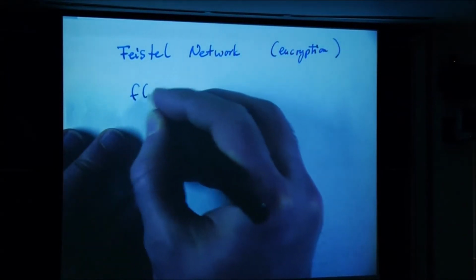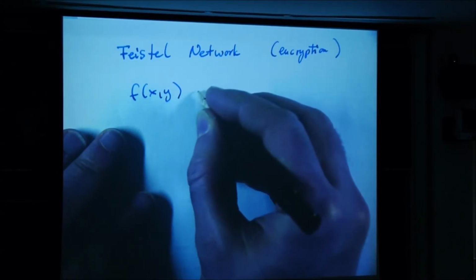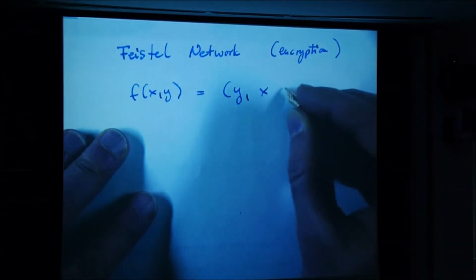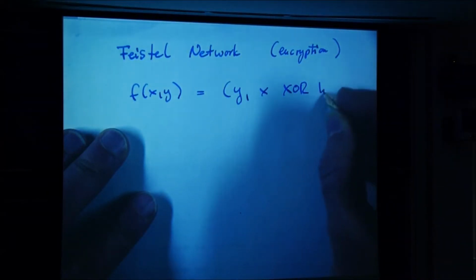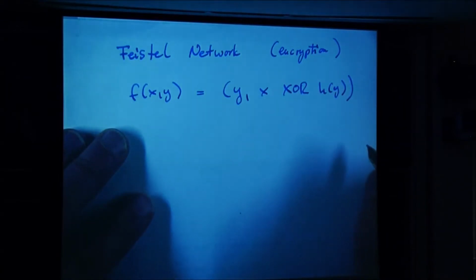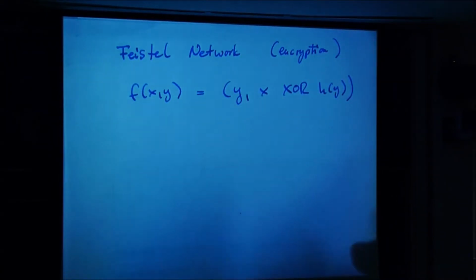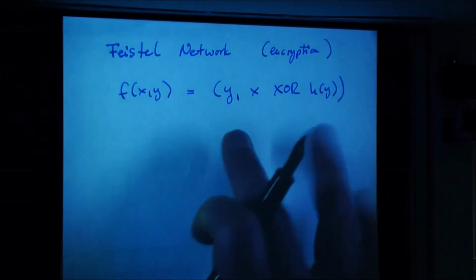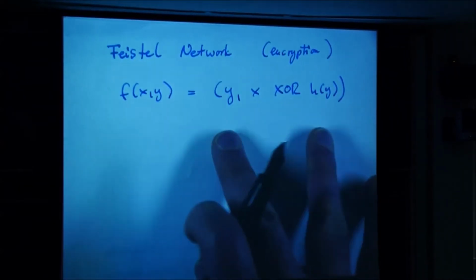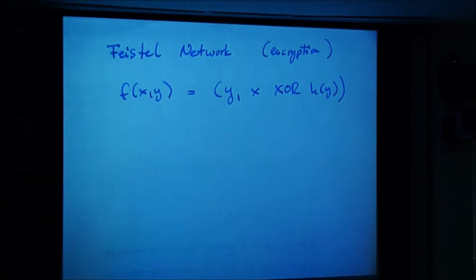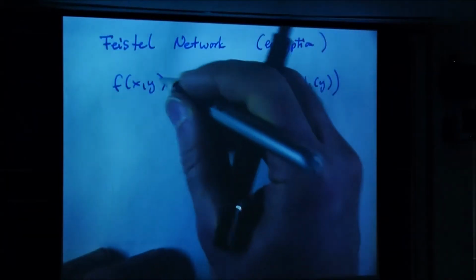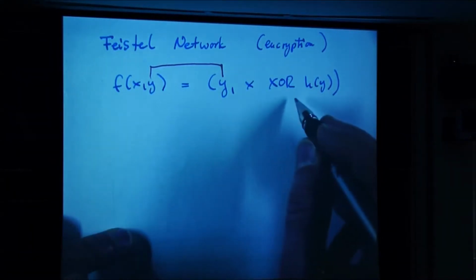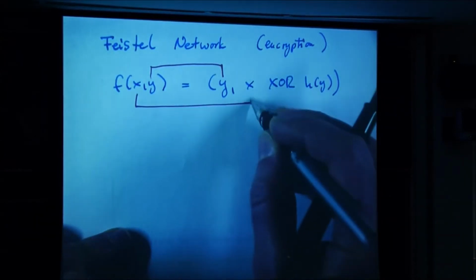I have a function f of x and y, which is going to be y, and then x XOR hash of y. Okay. So if I do this, then immediately, as you can see, this is a one-to-one mapping between x and y and this pair here. Because for y you have the identity, so this is trivial. And for x you have the XOR with something that doesn't depend on x. So this is fine.